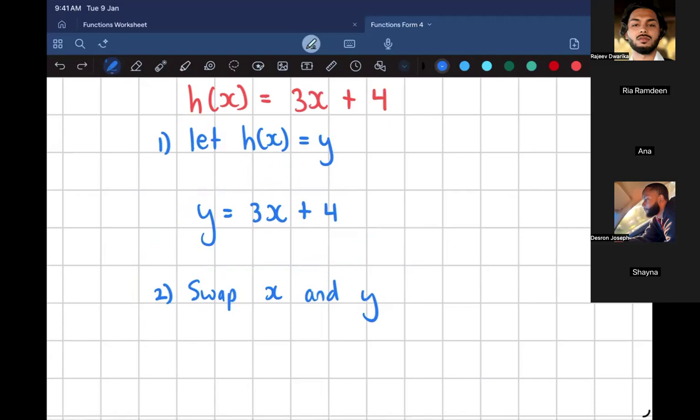Give it a go. The second step is to swap x and y. So anywhere you see y, you're going to write x. Anywhere you see x, you're going to write y. So what should I write in this line? So x equals 3y plus 4? Yep, that's it.